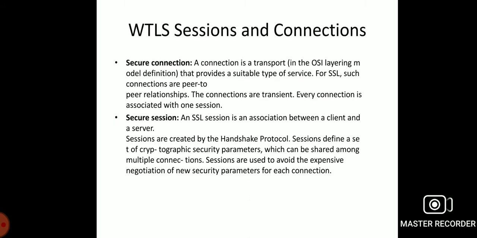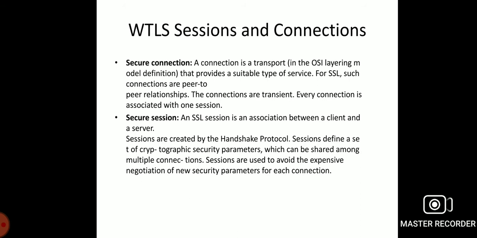And then the wireless transport layer security sessions and connections. The secure connection means a connection is a transport that provides a suitable type of service. What is the service? That is SSL, and such connections are peer-to-peer relationships. The connections are transient, so every connection is associated with one session.